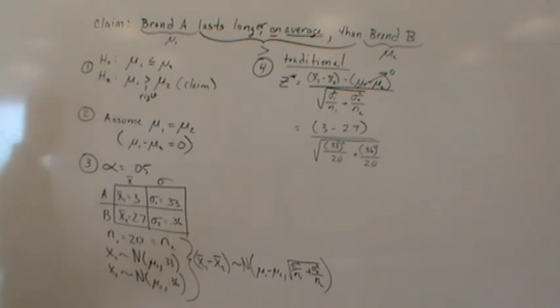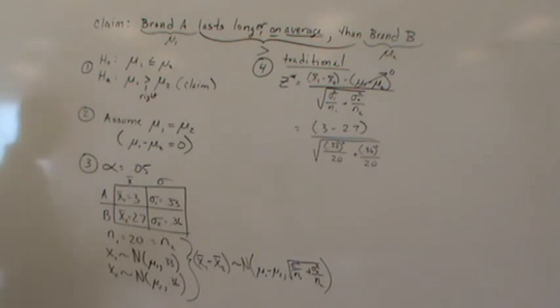So 3 minus 2.7 is 0.3, divided by the square root of 0.33 squared divided by 20 plus 0.36 squared divided by 20.